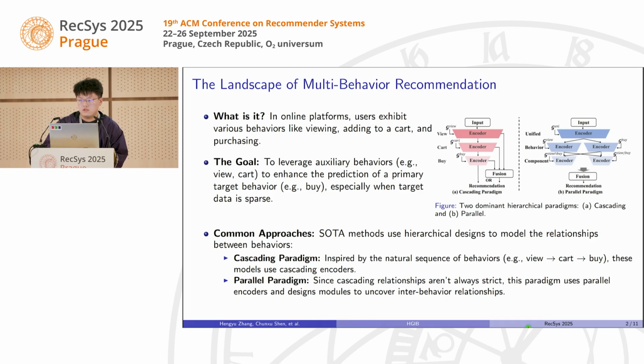For instance, the users view first and then cart and then buy. And the second, the parallel paradigm. Since the cascading relationships aren't always strict, this paradigm uses parallel encoders to design modules to uncover the inter-behavior relationships among the behaviors.